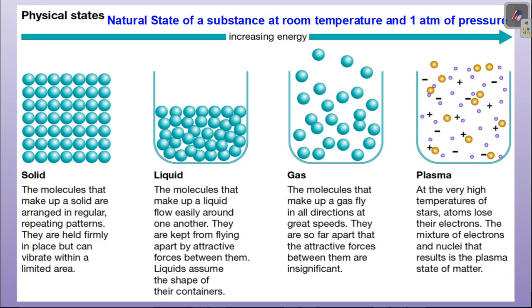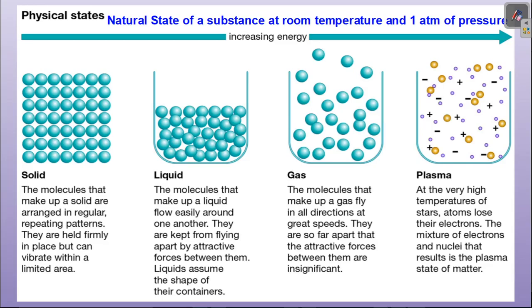At room temperature, which is 25 degrees Celsius, and 1 atmosphere of pressure, which is the general type of pressure around us, okay? Pressure changes with the weather and changes depending on where you are in altitude. But at room temperature and 1 atmosphere of pressure, all matter in nature exists in one type of physical state.